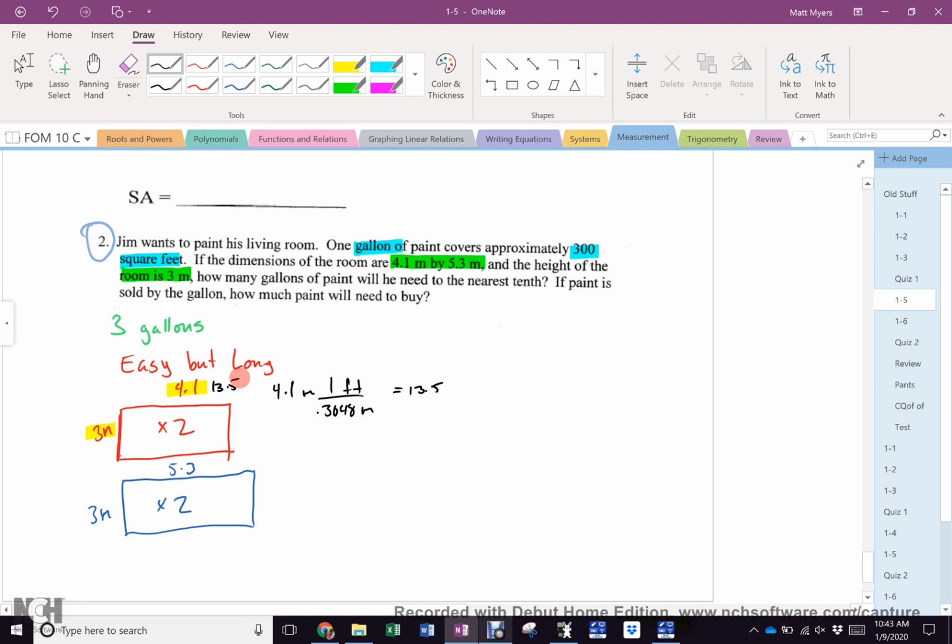Agreed? Even if you didn't do it this way, I do want you to be able to follow me. Is everybody good? Okay. 3 meters divided by 0.3048 is 9.8 feet. So this is now 9.8. And 5.3 divided by 0.3048 is 17.4.